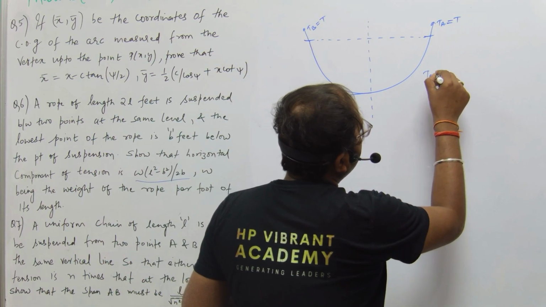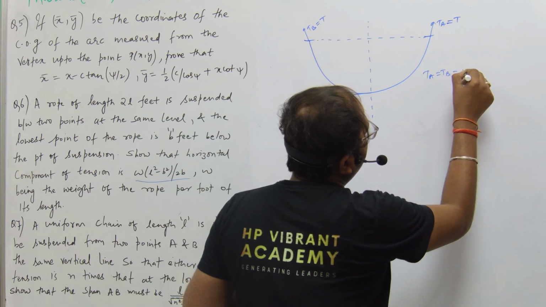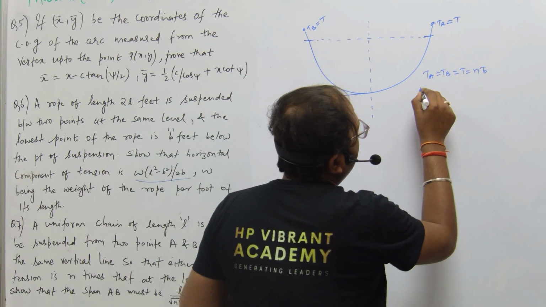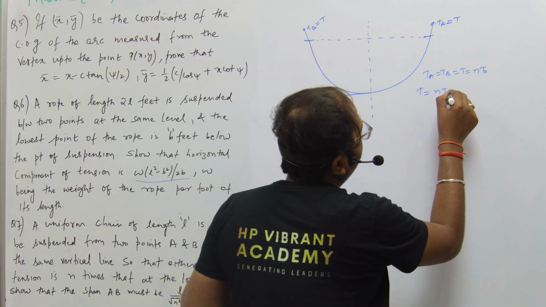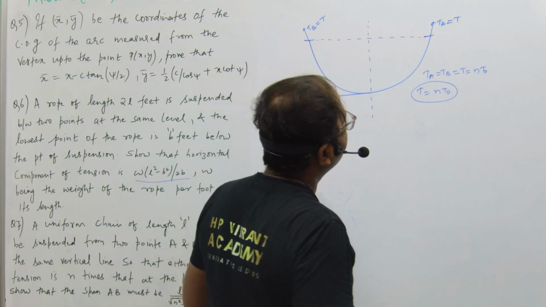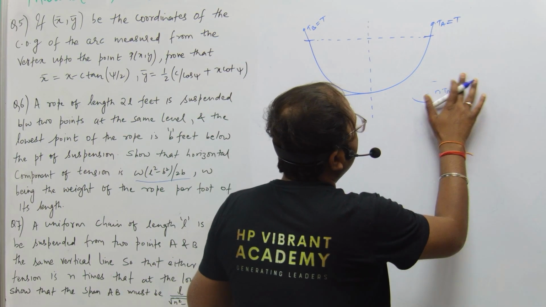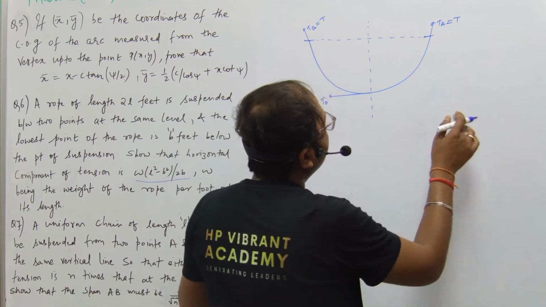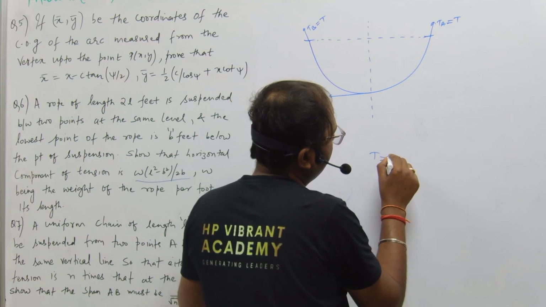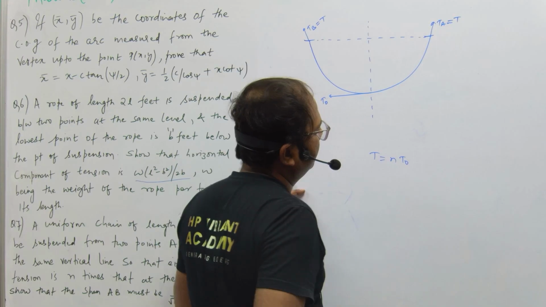So TA is equal to TB is equal to T is equal to n times T naught.